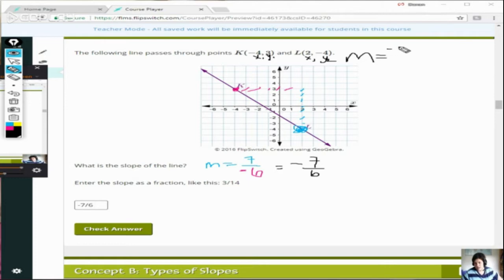So I have -4 minus 3, divided by, or all over, the difference or the distance in the horizontal direction. So then I would have 2 subtract -4.